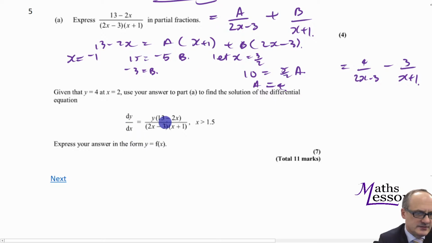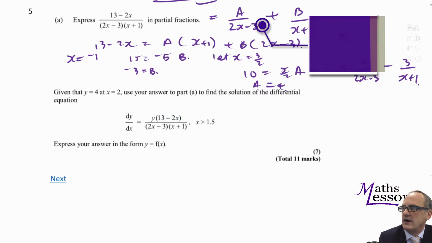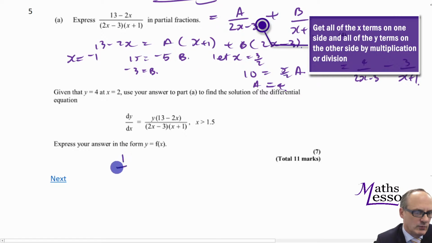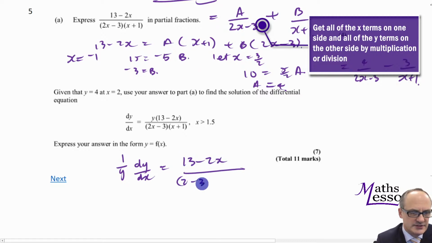Okay, let's do this. Remember what we're going to do, number one? We have got to get our x's and our y's on separate sides by dividing or timesing. We're going to divide by y. So we get 1 over y dy by dx is equal to 13 minus 2x over 2x minus 3 times x plus 1.